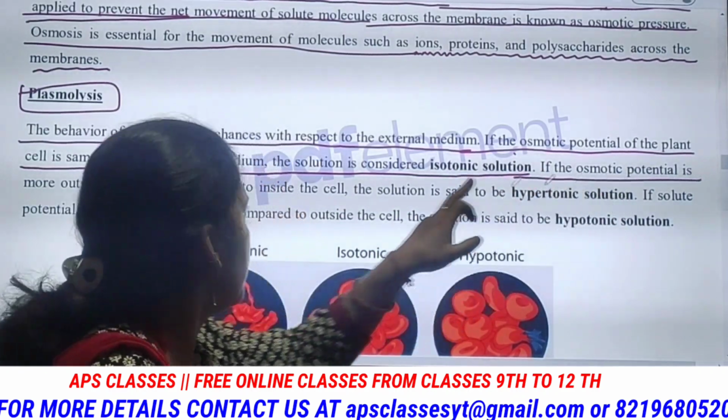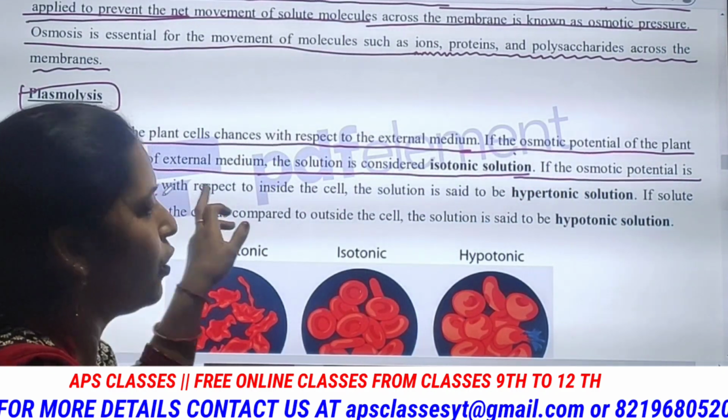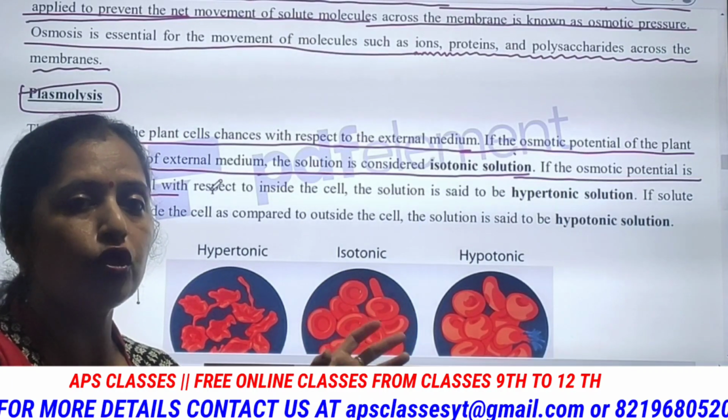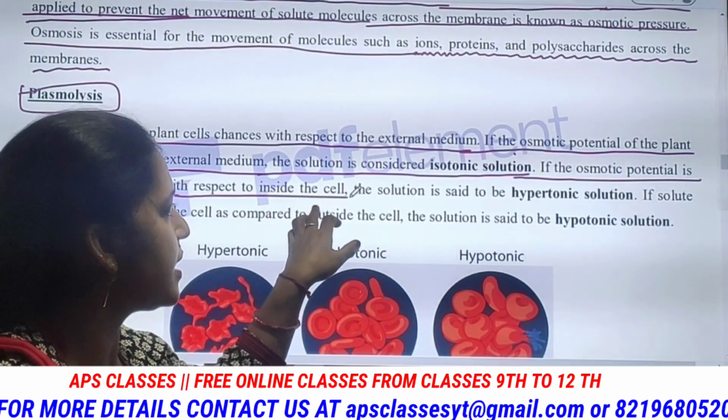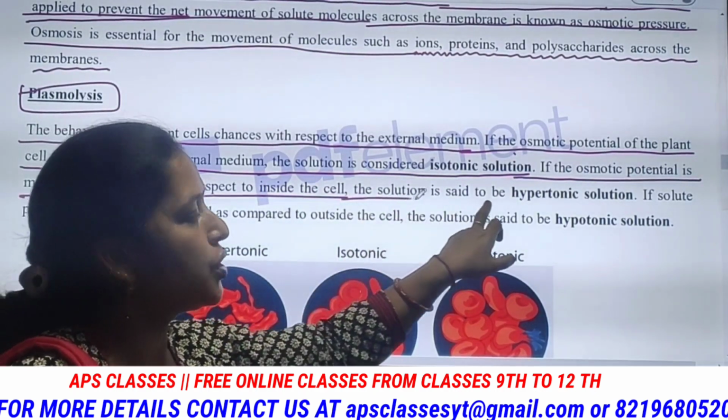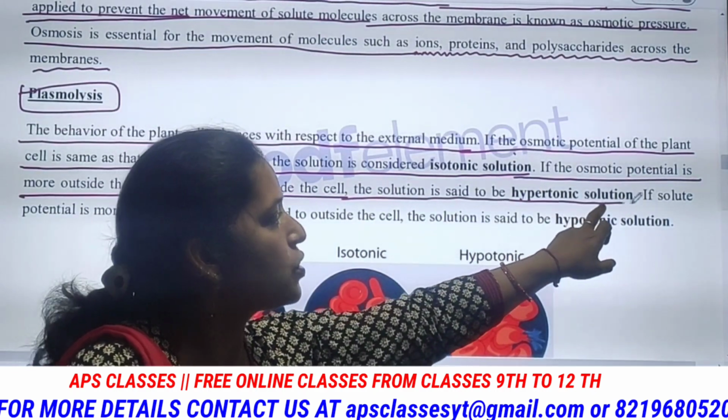If the osmotic potential is more outside the cell with respect to inside the cell, at that time the solution is known as hypertonic solution.